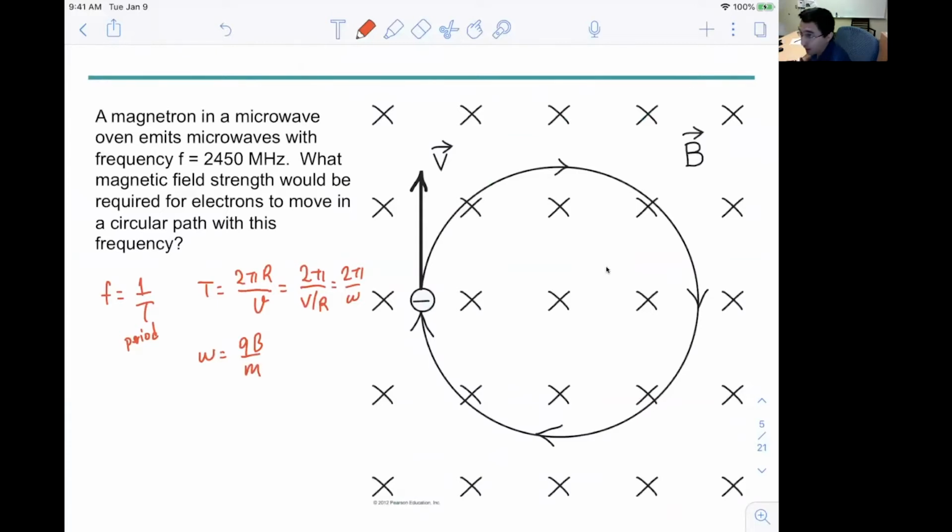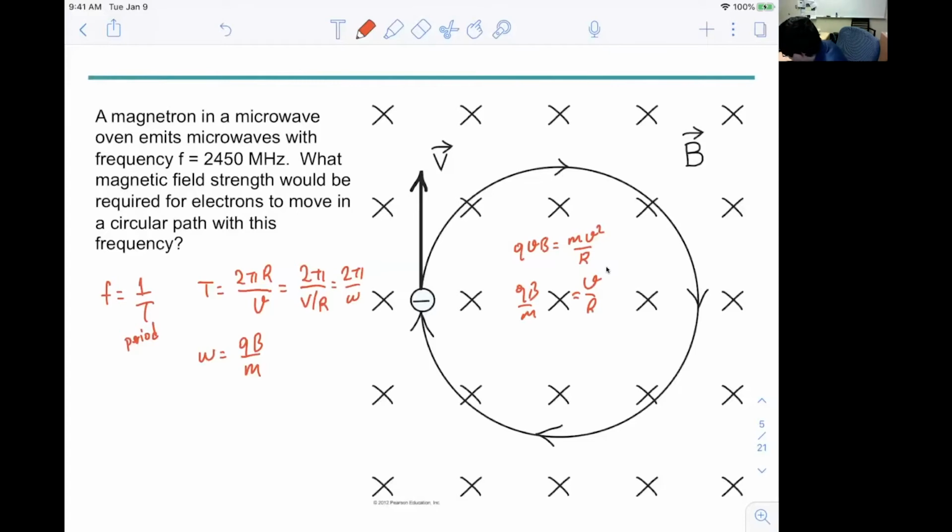So you can derive the equation if you want: QVB equals mv squared divided by r. You can cancel one velocity and V over r will be equal to QB divided by m. So you get the same thing.